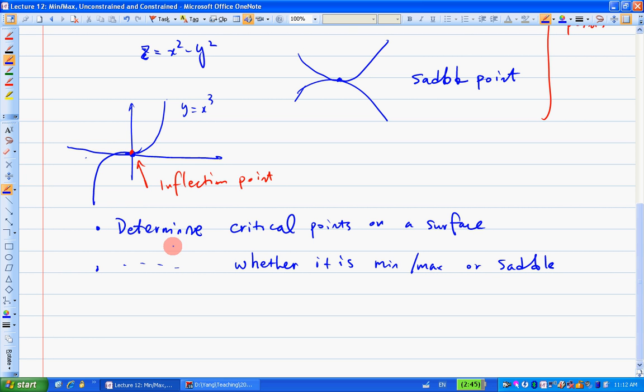So let's talk about how we find the critical points on the surface. Here's the z equals f(x, y) surface. I think I mentioned this at the end of the last lecture. The whole idea comes from the definition of a critical point. A critical point is a point on the surface where there's no change of this function f.